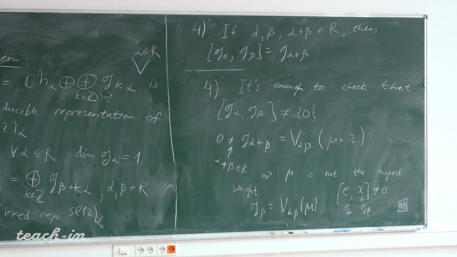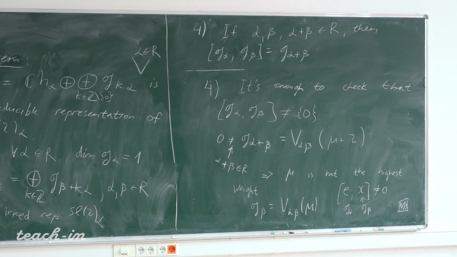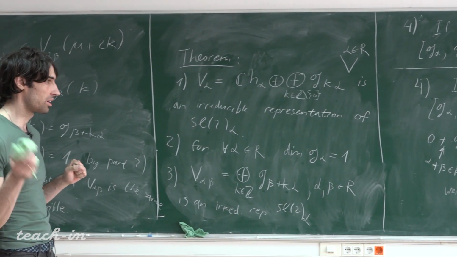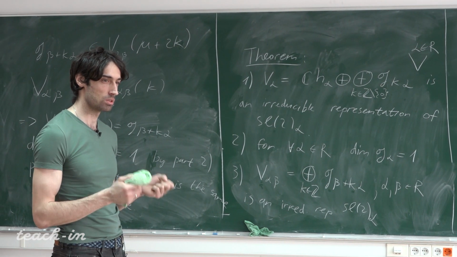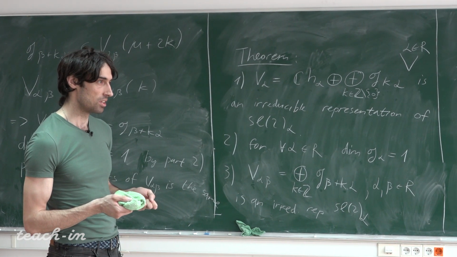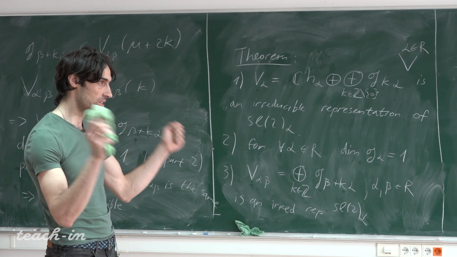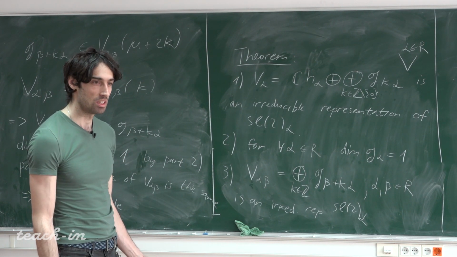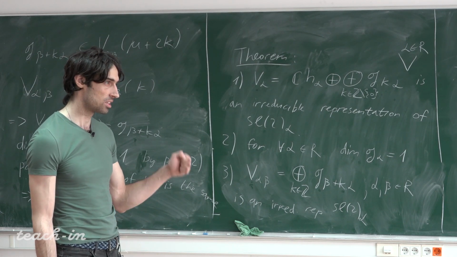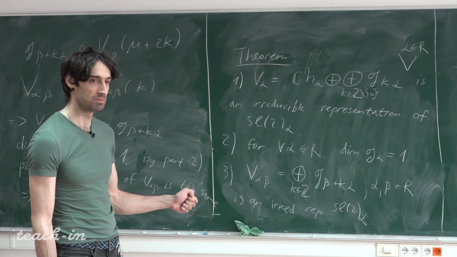But that's by no means all the things that we can get by applying now the instrument of SL2 triple and representation theory of SL2. So another bunch of statements is just saying that R is an abstract root system.